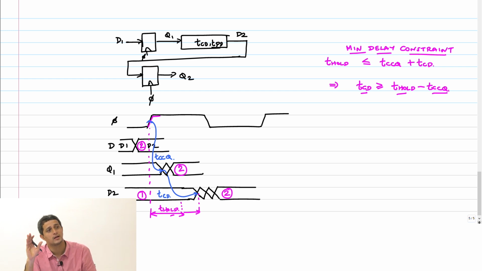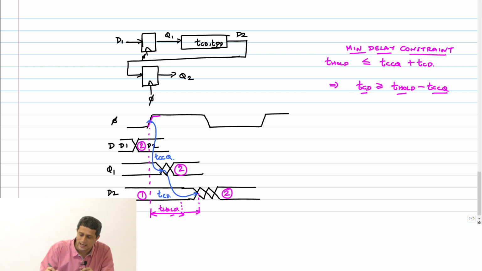On the other hand, if there is a setup time violation, you can reduce the clock frequency and make it at least work, right? You may not be able to sell it for enough profit, but at least you can get it to work. You won't lose your job, right? Hold time violation, you'll surely lose your job because you have to dump that whole chip and the entire lot. Forget just that chip. So you have to be very careful about this.